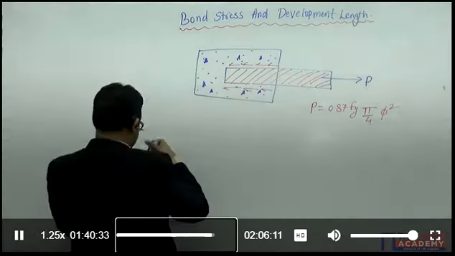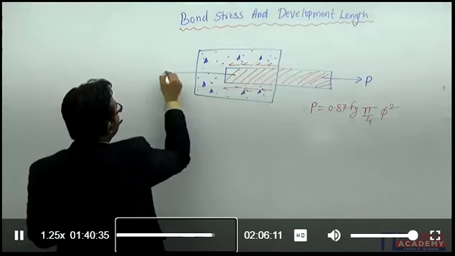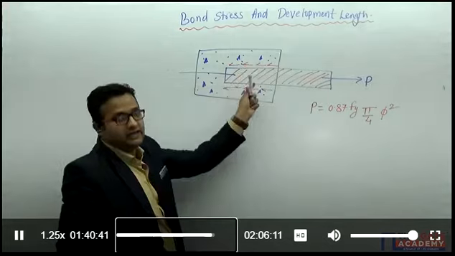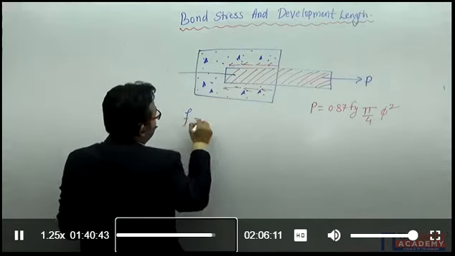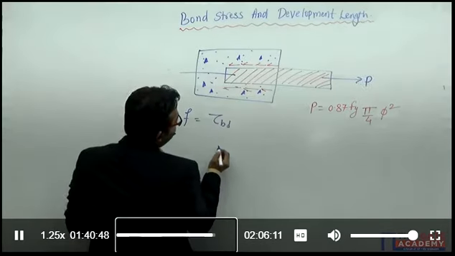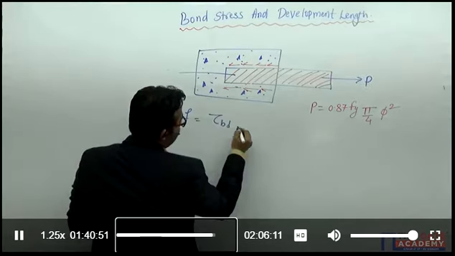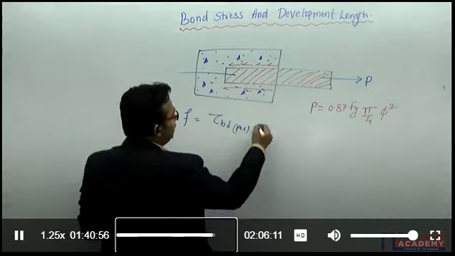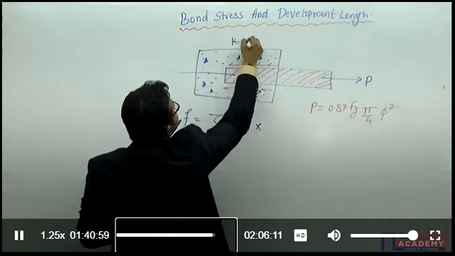So in the opposite direction, suppose the force acting between the concrete and the steel is F. And this F is nothing but equal to tau BD permissible, which is the bond strength of concrete, into over this distance it is acting.